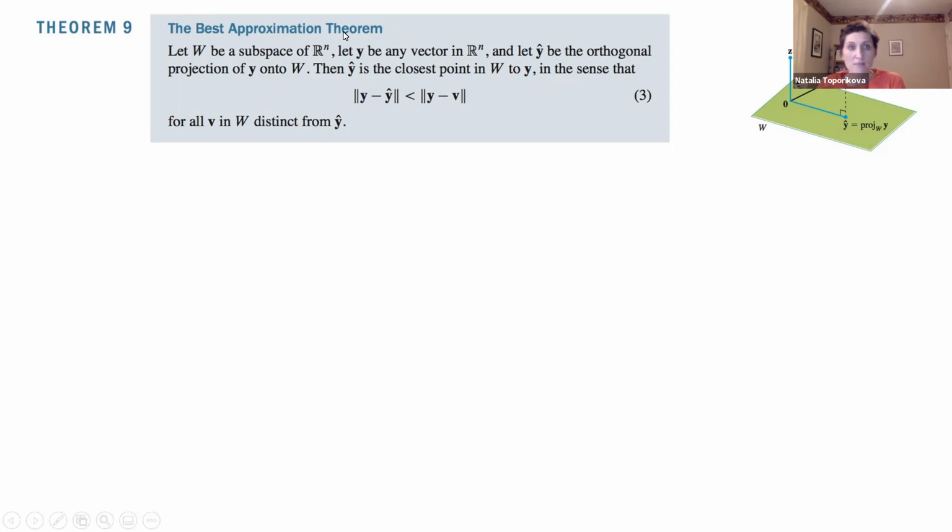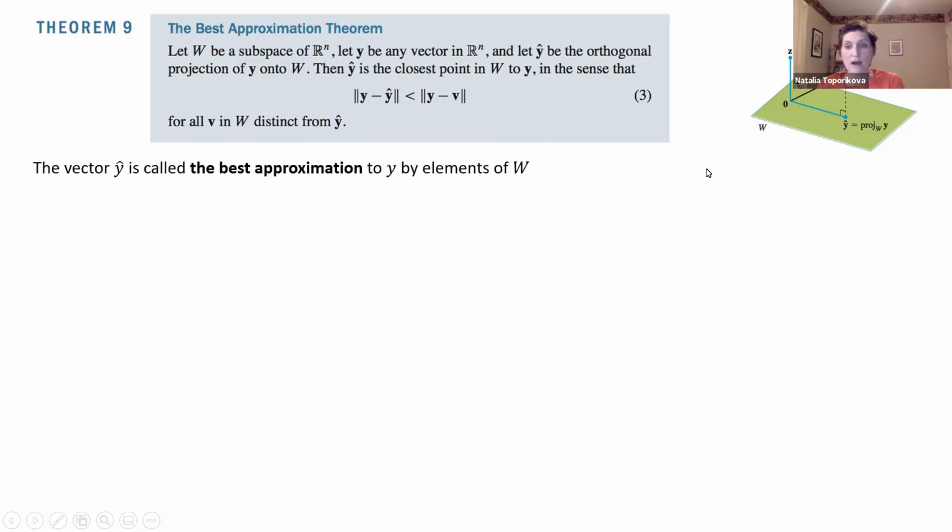The best approximation theorem tells us that if we measure the distance between our vector y and the projection y hat, this distance will always be shorter than to any other point in the subspace W. So if we take a point here, here, anywhere else in the subspace W, the distance between our vector and that point will be larger than to our projection.